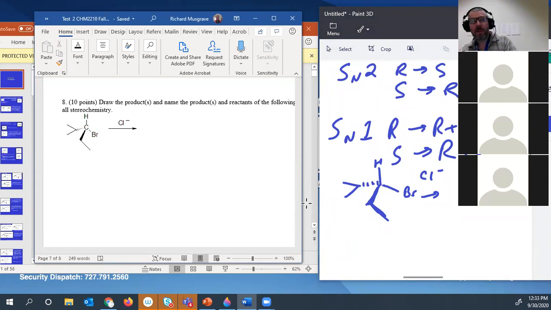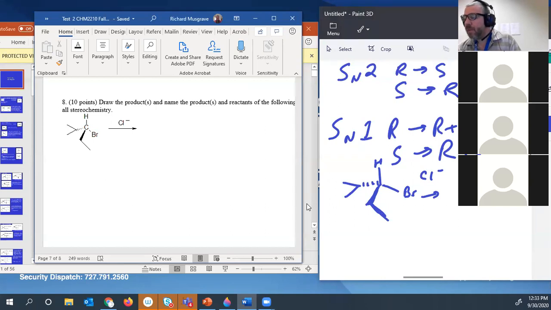So the Cl will replace the Br. We know that for a fact. But the other thing that's going to happen is that the stereochemistry is going to be inverted, which means that I need to switch any two of these groups anywhere on here, and I end up with the opposite configuration compound.